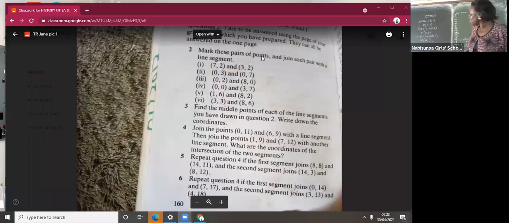The points are 0, 0 and 3, 7. Can we plot 0, 0, members? Yes, it's there, 0 on the X and 0 on the Y. So we have the origin as our first point.